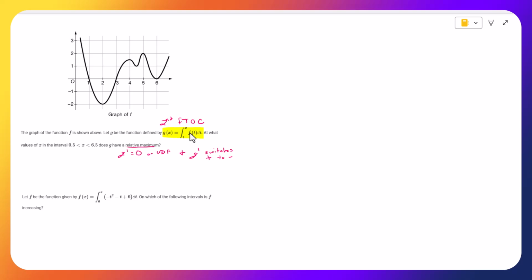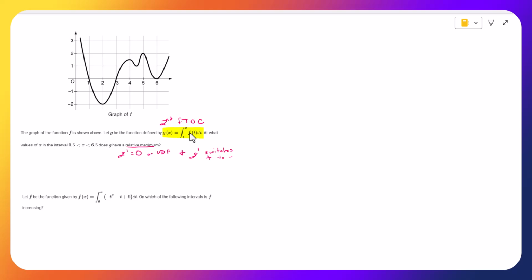Okay, and how do we find g prime? Well, let's just take the derivative of g. So d over dx of g of x equals the integral from 1 to x of f of t dt.